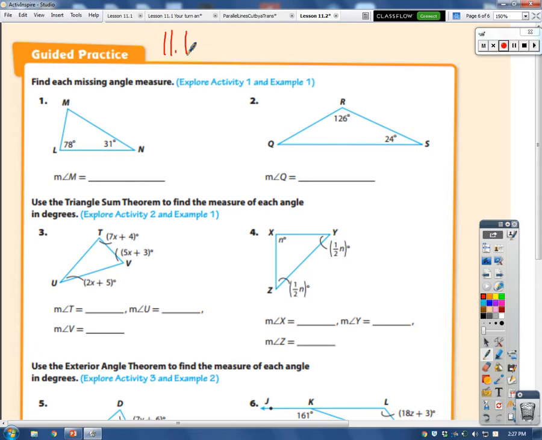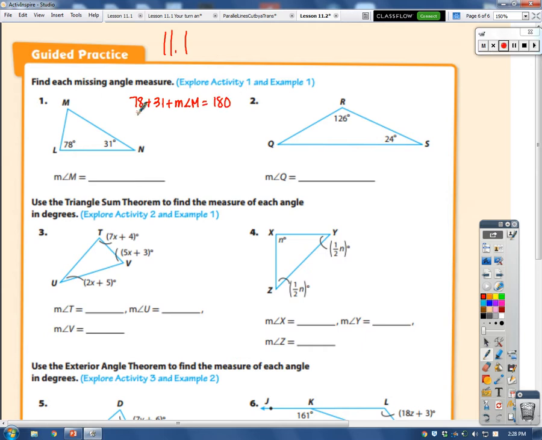So, number 1 and 2, we are to find each missing angle measure. Now, from what we learned in Explore Activity 1 and Example 1, we learned that the sum of all angle measures is 180 degrees. So to find this missing angle measure, we need to add these two angle measures up, because 78 plus 31 plus our missing angle measure, measure of angle M, equals 180 degrees.